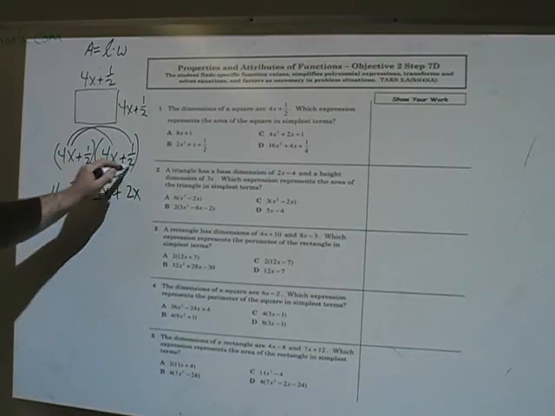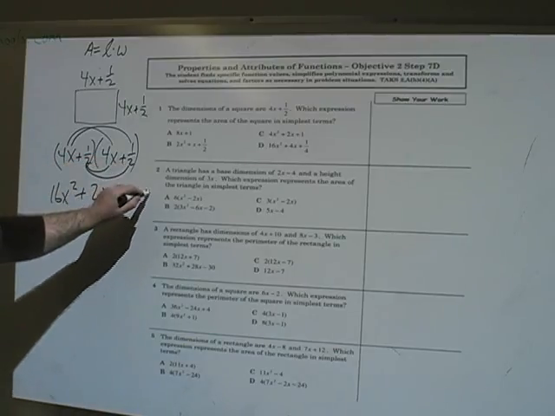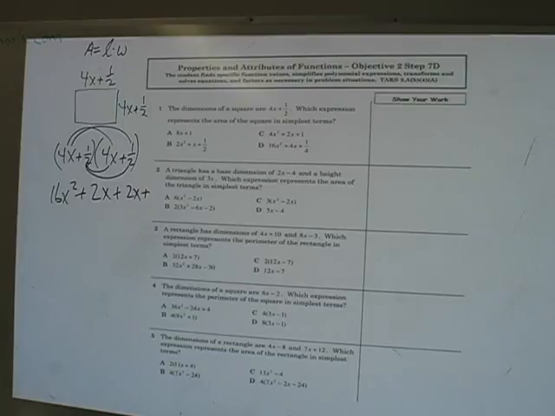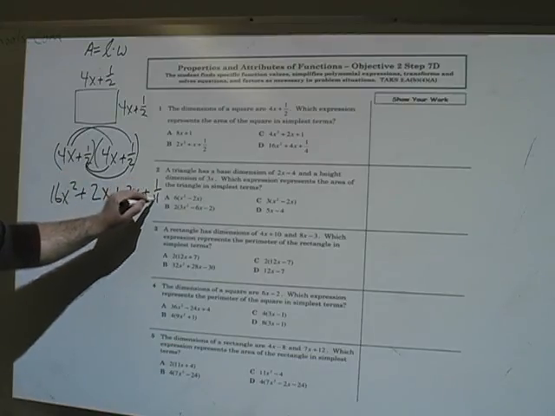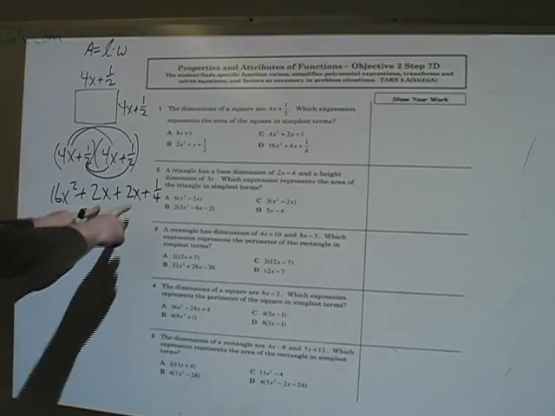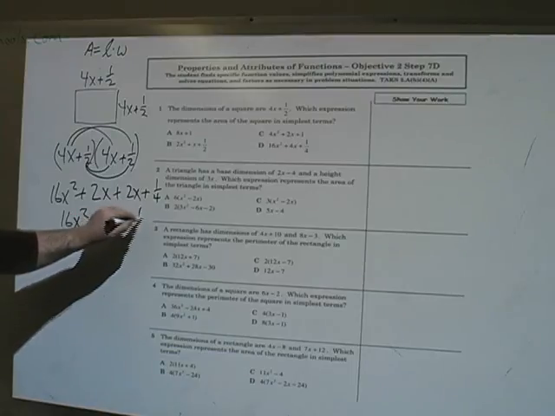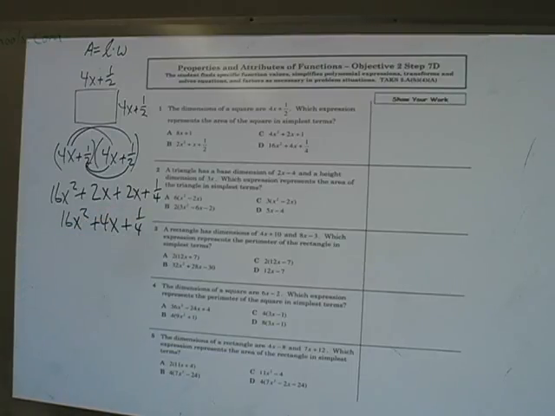Then you have to do 1/2 times 1/2. Put that in your calculator. If you forgot how to multiply fractions, put it in your calculator and you get 1/4. So our final answer, when we combine these like terms, should look like that. And there it is, answer D. Okay?